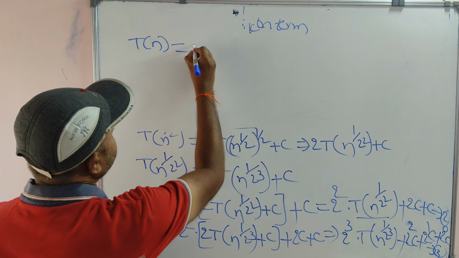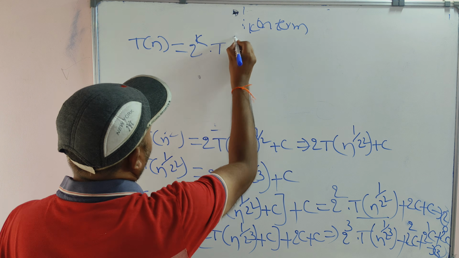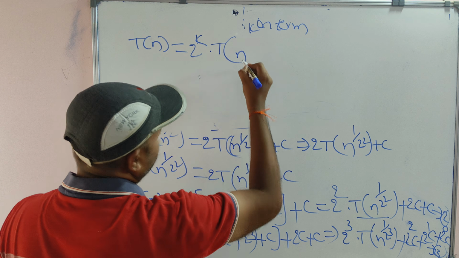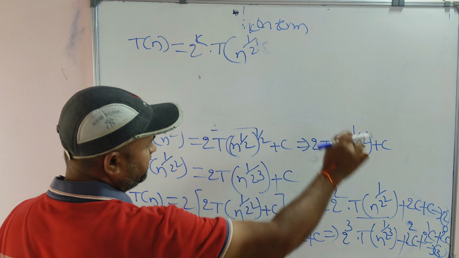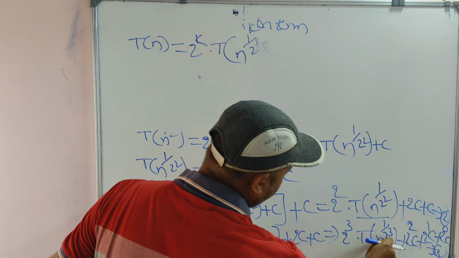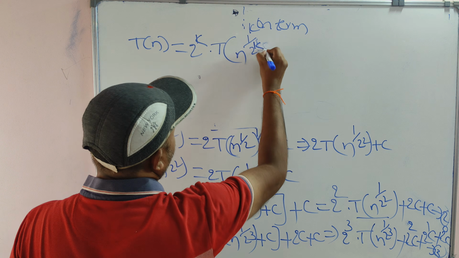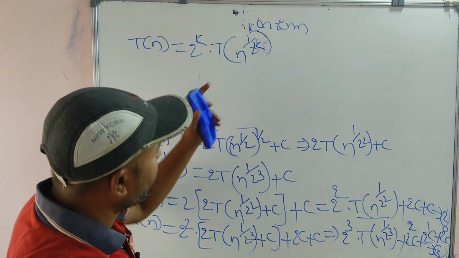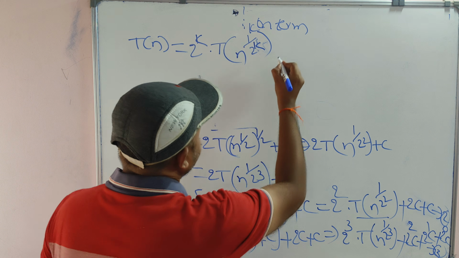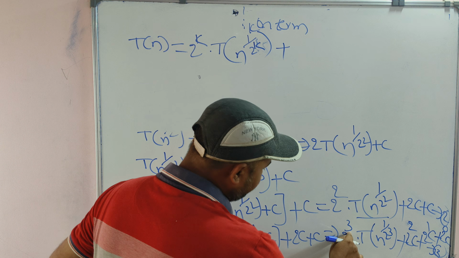So we can write this as 2 power k into T of n power 1 by 2 power k. This 3 is nothing but this k. Plus, here we have 2 square, actually we have 3 here.